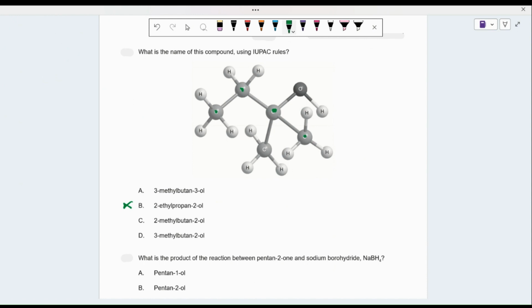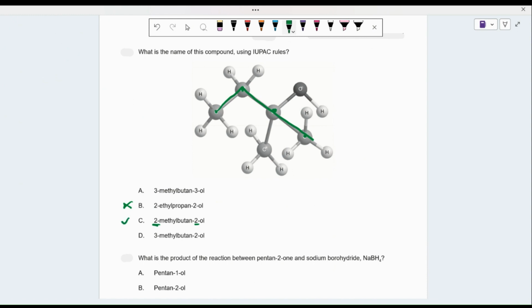So the 2 is which carbon the methyl group is on. Let's say we take the version that we've got now, like that. So the methyl group would be on the second carbon, so that'll be 2. And then 2-ol. Yeah, that matches up.